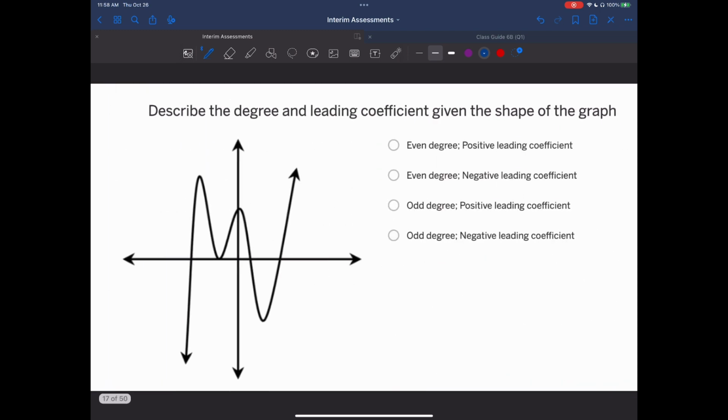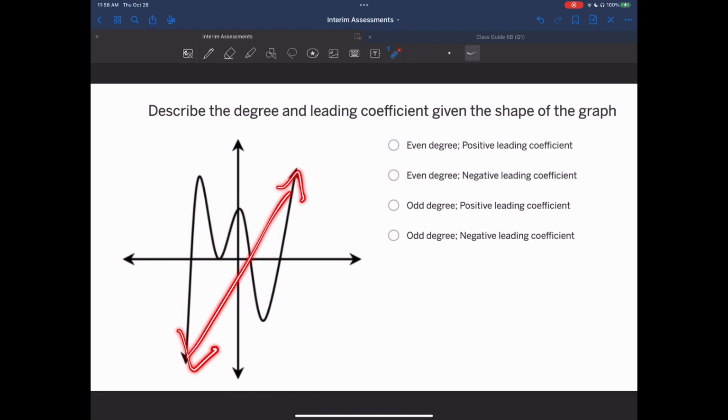Okay, next one. Here, one of them is going up and one of them is going down. So right away, we should think that this is an odd degree. So it's going to definitely be one of these two, odd degree. And we talked about on our chart, if we start low and go high, right? Even though it does a bunch of stuff, it's in general kind of increasing, going from low to high.